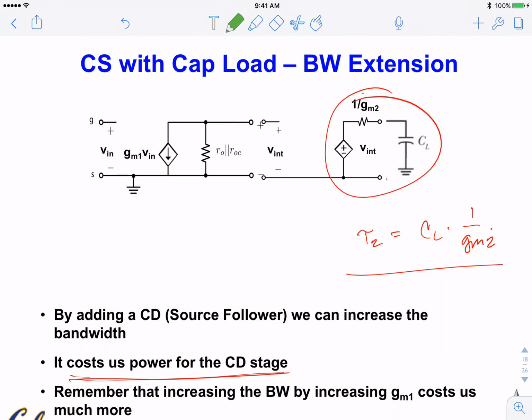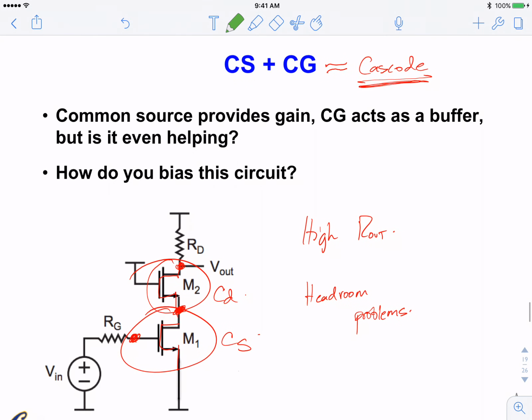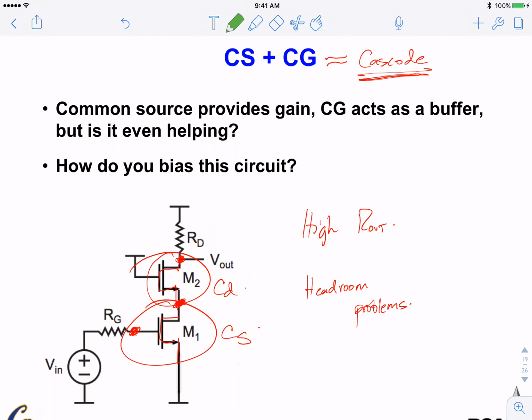So these are sort of the bandwidth extension examples. And this particular combination is classic. It's called cascode. At least by the end of this class, you should know the difference between cascade and cascode. In a multi-stage amplifier, you cascade many stages, so cascade. Cascode comes from terminology in vacuum tubes.